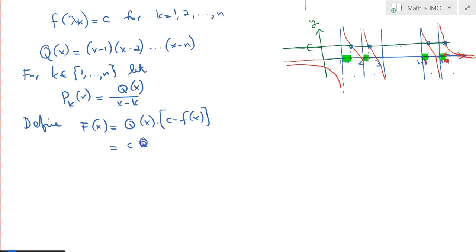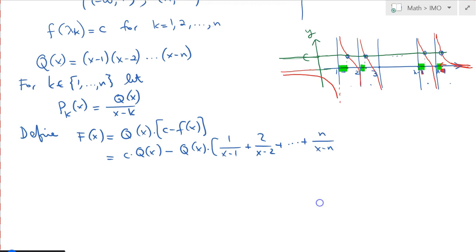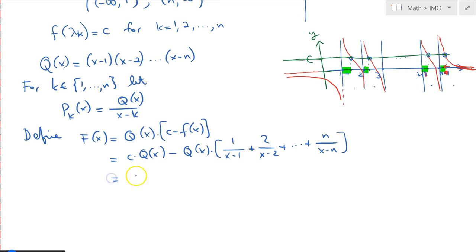This is c times q of x, minus q of x times f of x. Let's replace f of x with its original expression: 1 over x minus 1, 2 over x minus 2, and so on, n over x minus n, and that gives rise to the following form.